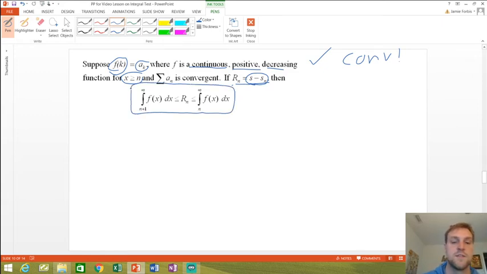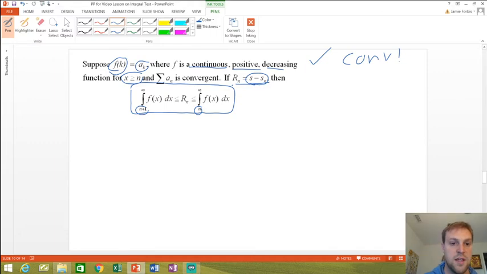What this is saying is that the remainder is going to be between the integral from n plus 1 to infinity of f of x, and the integral from n to infinity of f of x. So the error is going to be between the areas underneath the curve of those two integrals. As far as actually doing the math with this, it's super easy because it's just integrals and y'all can do the integrals just fine.